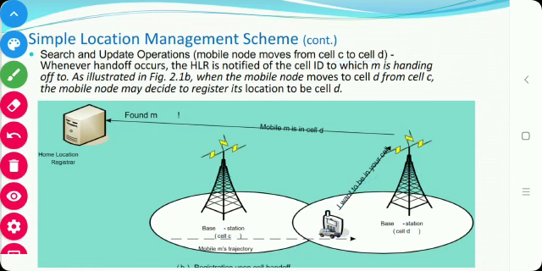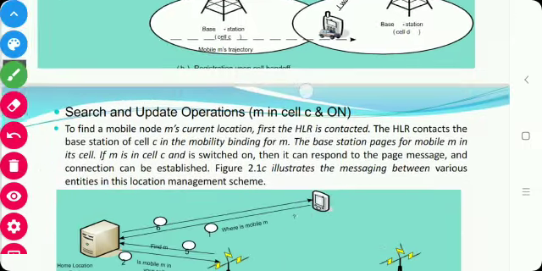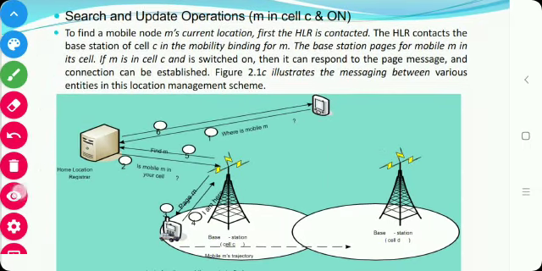Now the next case is search and update operation. M is in C and it is on. To find mobile node M's current location, first the HLR is contacted.